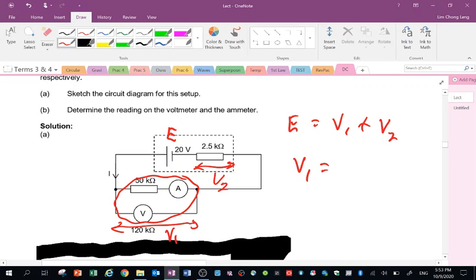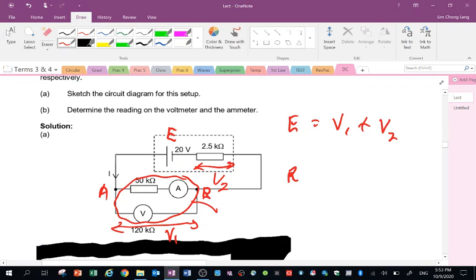In fact, before that, I have to calculate the resistance of this combination. We take product divided by sum. That is the resistance across AB, so I call this AB.